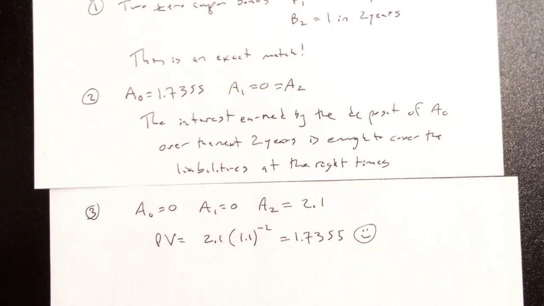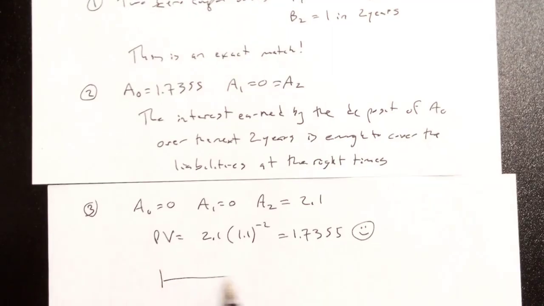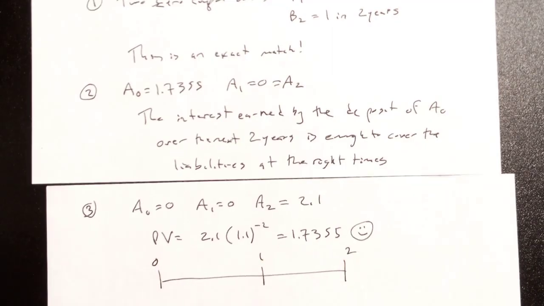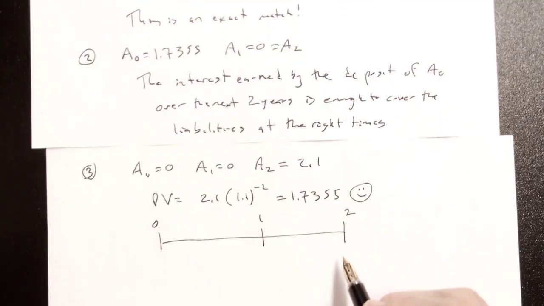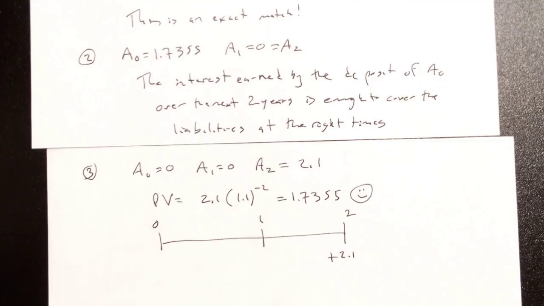But how do I see this idea? Hang on a second. Here's a timeline. I know I'm going to have 2.1 come in here. That's my asset. But I need to spend 1 here. If I borrow that 1, what interest rate do I have to pay?